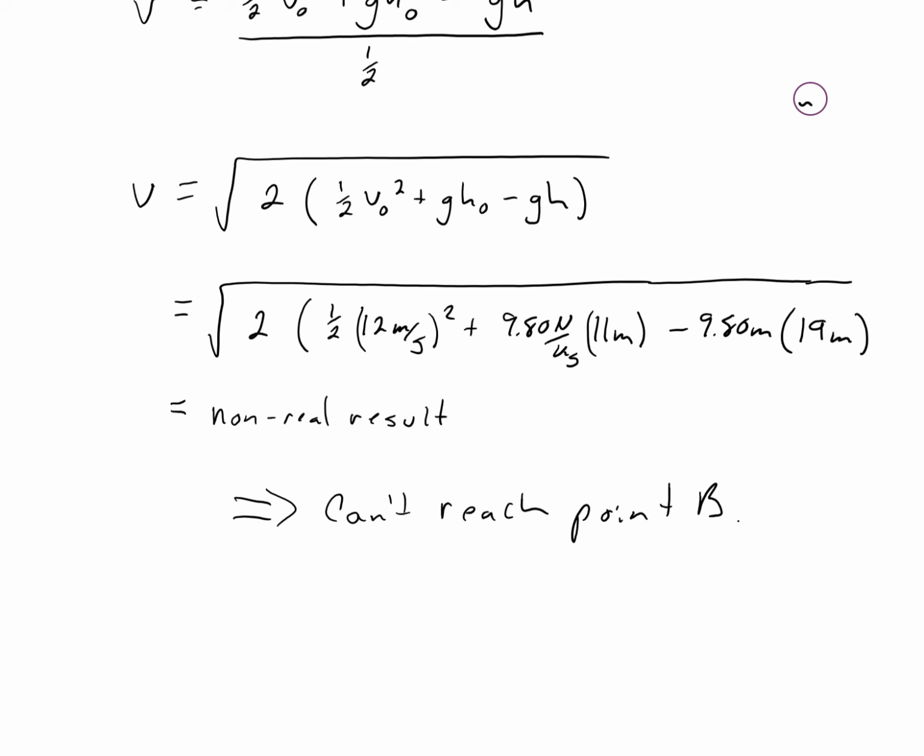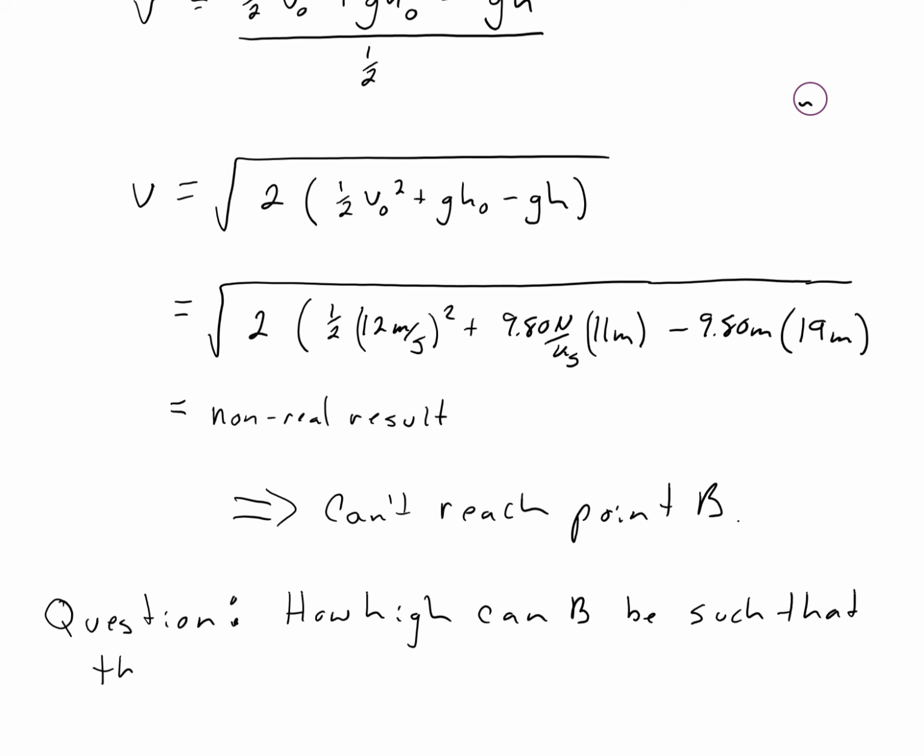So then we'll adjust the question. We'll write a new question here, and we'll say how high can B be such that the car just makes it over the hill?